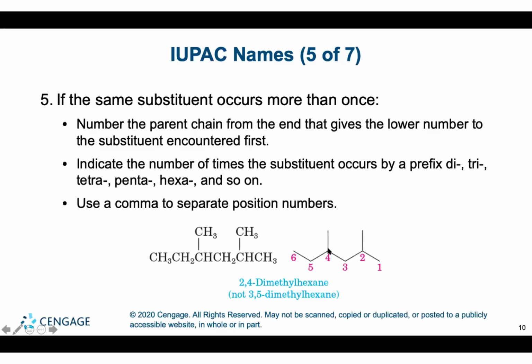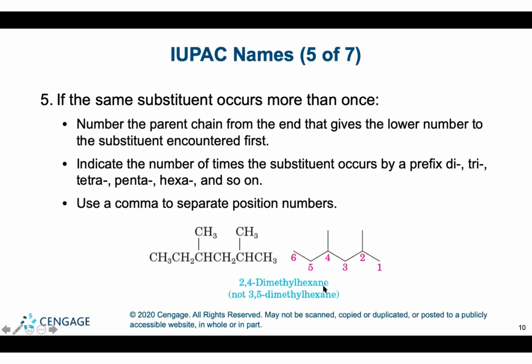To make it abbreviated, I just say, okay, 2, 4 dimethyl. Di means 2. So it says I have on carbon 2 and on carbon 4, 2 methyl groups. So it's going to be 2, 4 dimethylhexane.